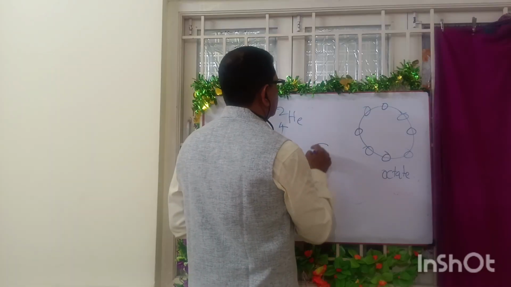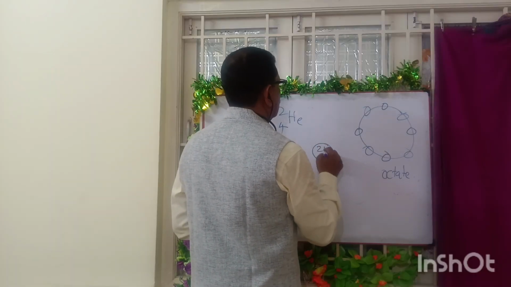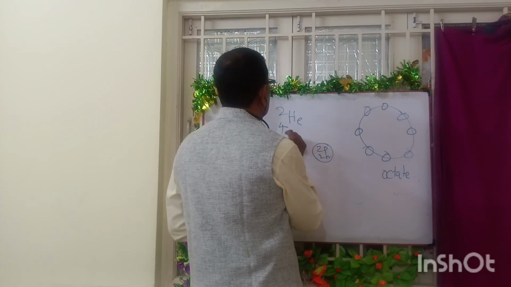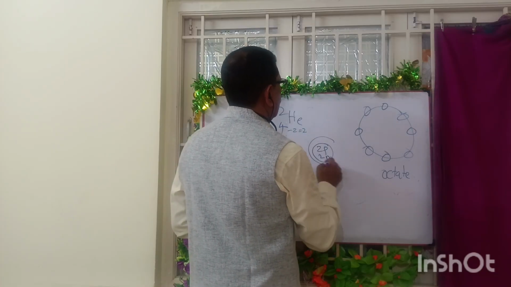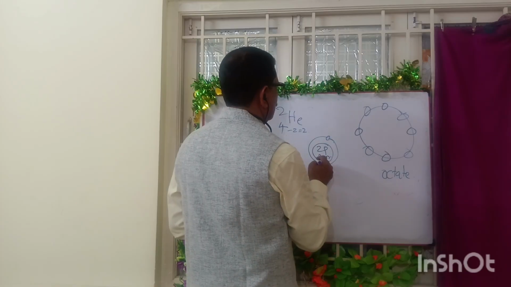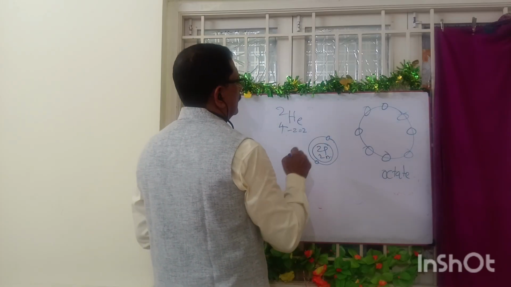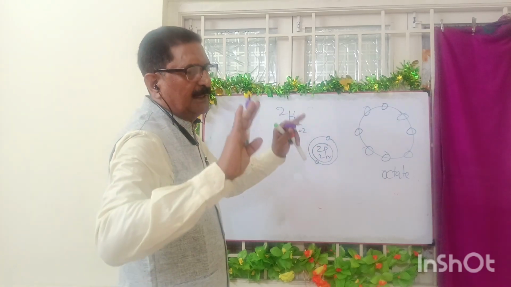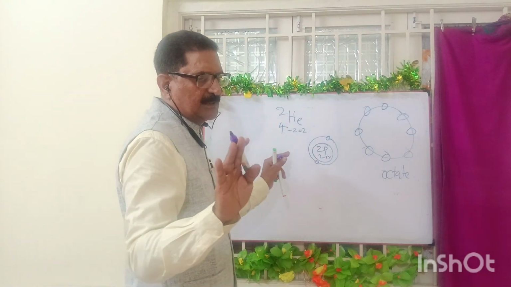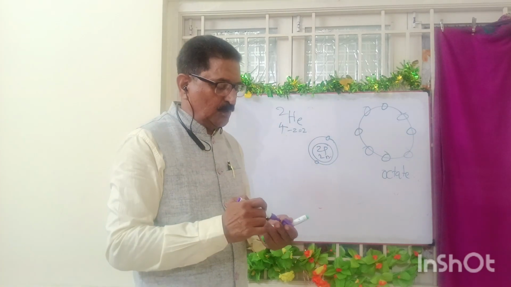Then they can represent first 2 protons and 2 neutrons. 4 minus 2 is equal to 2 neutrons. First orbit, there is only one first orbit. The 2 electrons are placed in the first orbit. That is the maximum in an orbit. Therefore, that is satisfied. They do not need anything more.